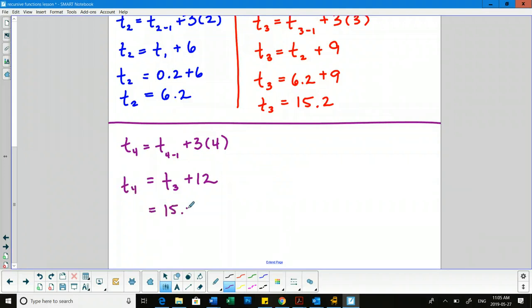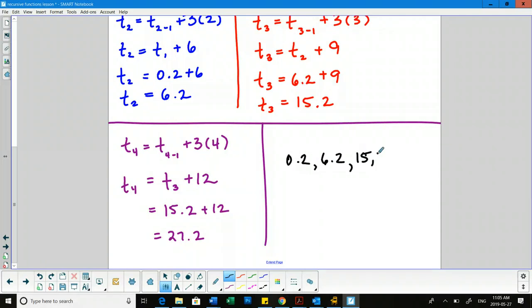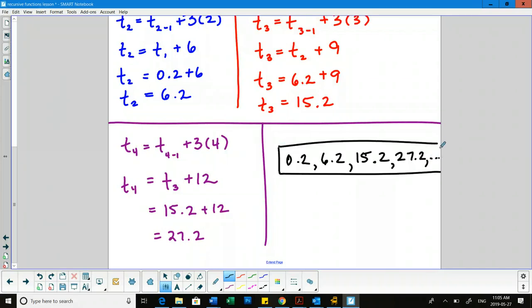Okay, so I'll do 15.2 plus 12, giving me 27.2. So here's my sequence here. And of course, we know we can continue that if we want to.